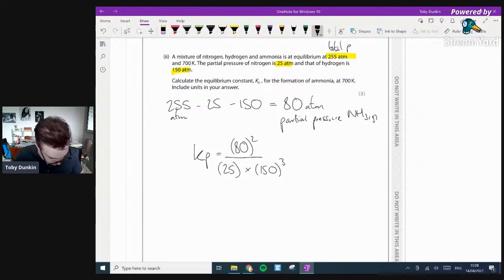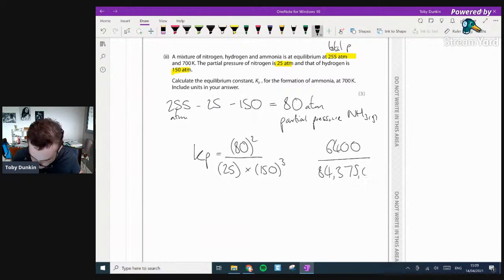I'm going to do this in bits and pieces. 80 squared is 6,400 over 25 multiplied by 150 cubed. That's a nightmare. It's massive, 8437500. So 6,400 divided by answer. Blimey, my Kp equals 7.59 times 10 to the minus 5.